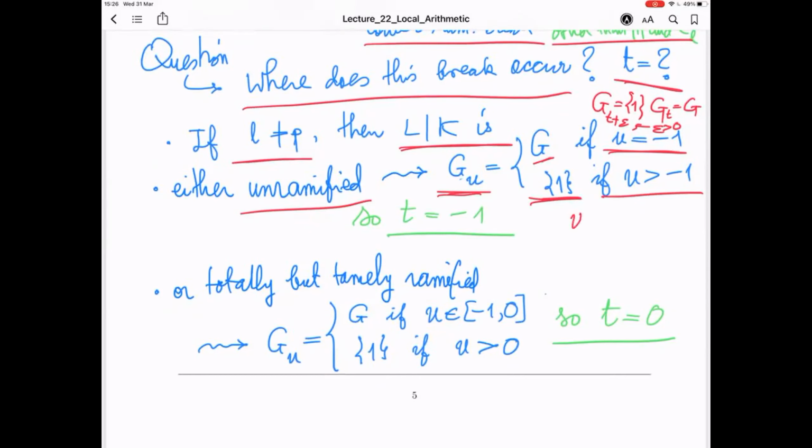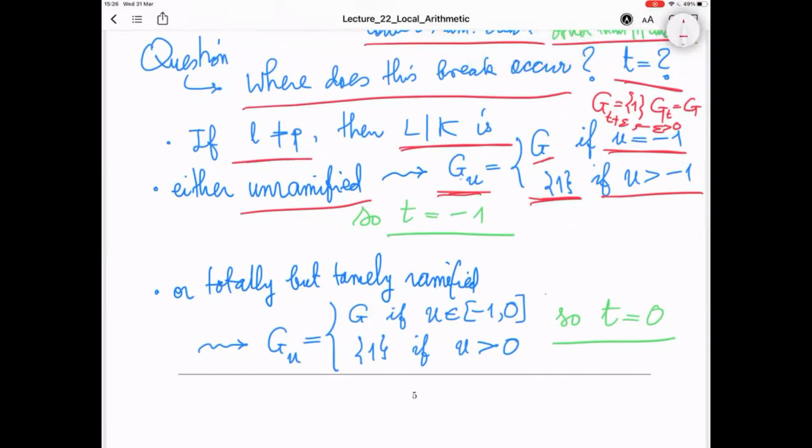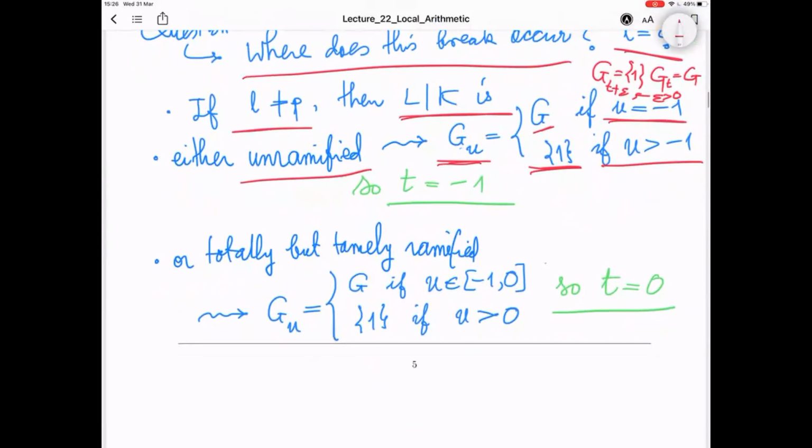We have seen this, I don't need to explain this again. That's what it means for it to be unramified. So the break occurs at minus 1, T is minus 1.